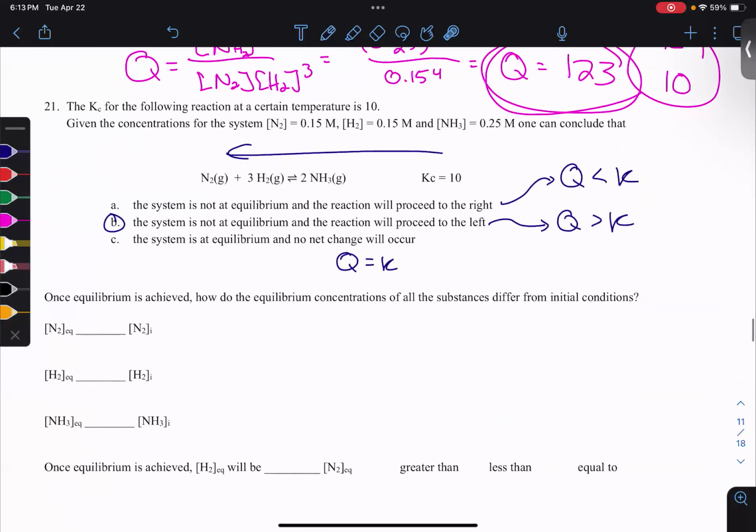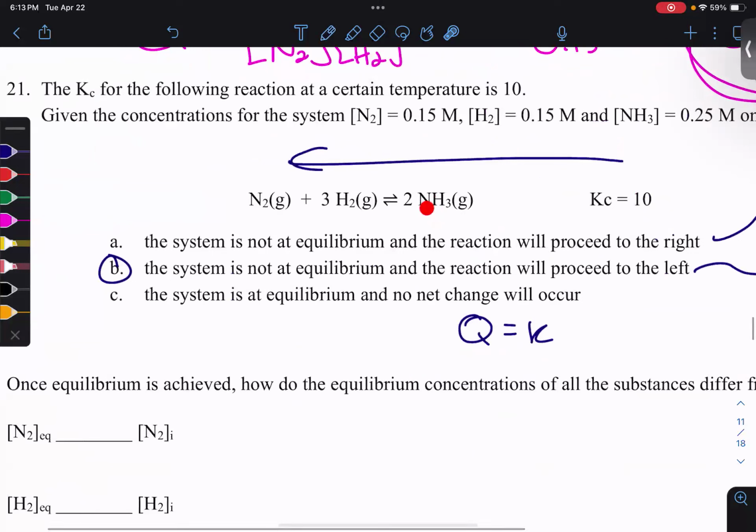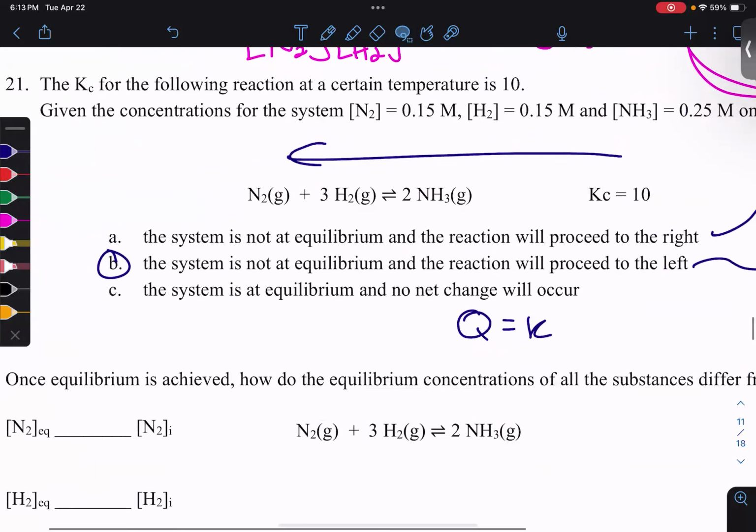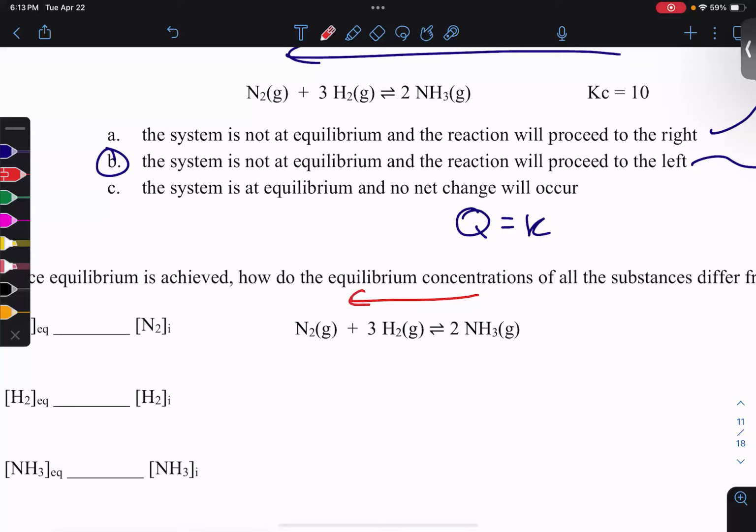So if we go back to this question, and you told me, okay, this reaction has to go backwards. Let's write a change line. What would the change line look like? All right, if the reaction goes backwards, the change line looks like what? Minus 2x under ammonia, and then under hydrogen plus 3x, and nitrogen plus x.